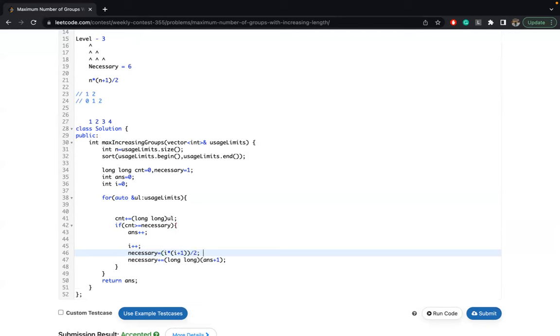This is to have 1 plus 2 plus and so on, sum up to i, right? The same thing we are doing here. Whenever we increase the answer, that means we are increasing the level. So this means level, right?